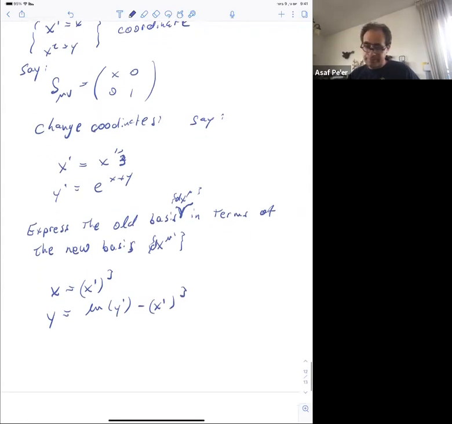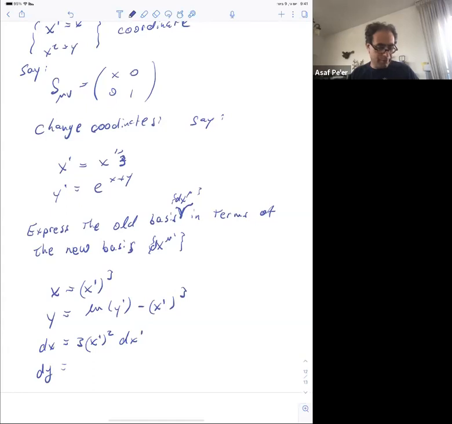So dx is 3x prime squared dx prime. And dy is 1 over y prime dy prime minus 3x prime squared dx prime.